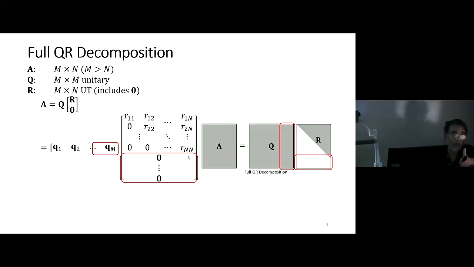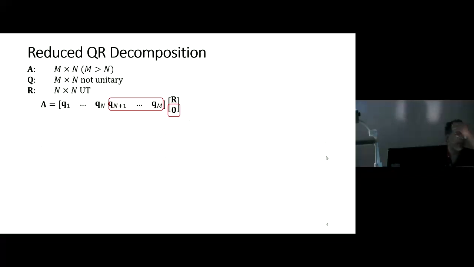Well, if you look at each column separately, then they are. Does this answer your question? Yeah. Okay. So now you understand why we can get rid of these.